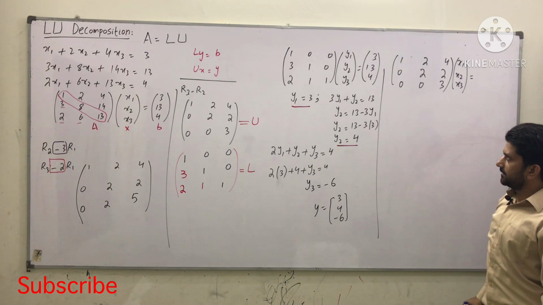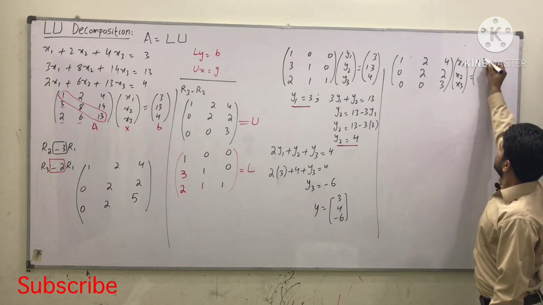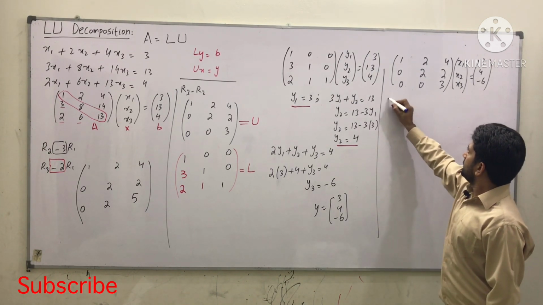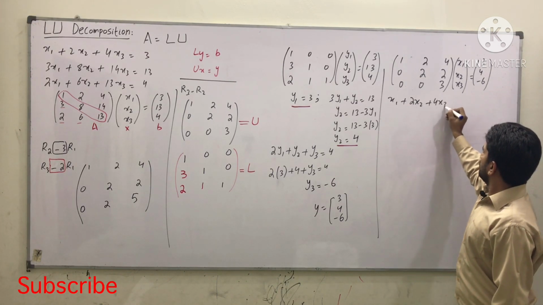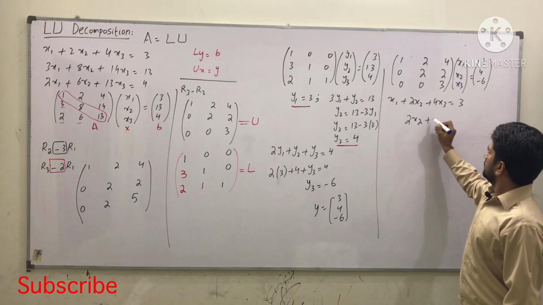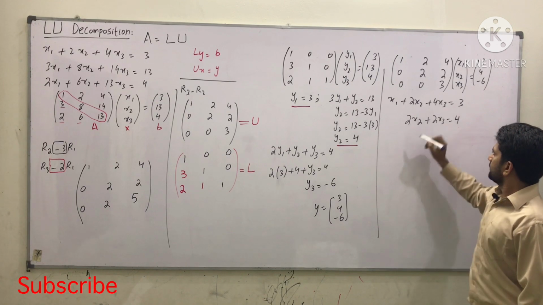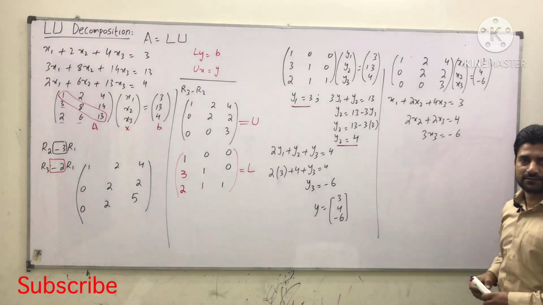On the right hand side we have y, which is 3, 4 and minus 6. So multiplying, we have x1 plus 2 times x2 plus 4 x3 equals 3, 2x2 plus 2x3 equals positive 4, and from the last we have 3x3 equals minus 6.